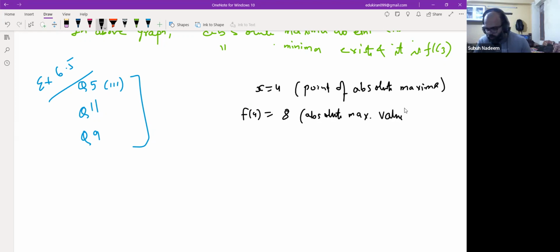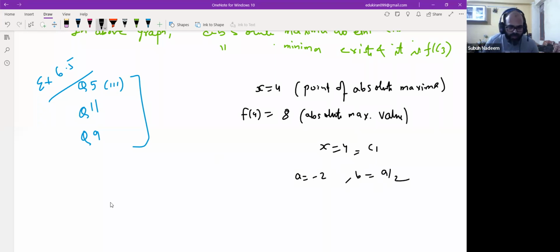So if you differentiate it, you get 4 minus x equated to 0. So x equal to 4 you will get. And this is the only critical point c1. End points are -2 and 9/2. Okay, what are you getting as minimum?